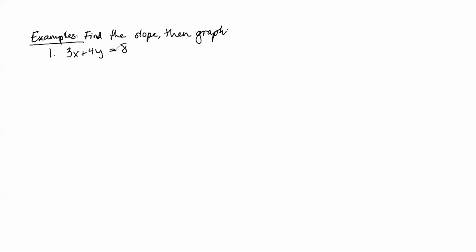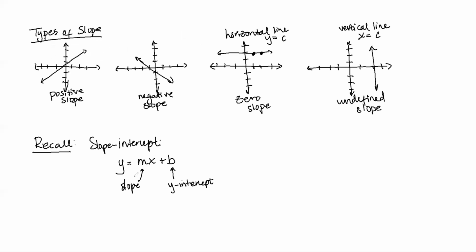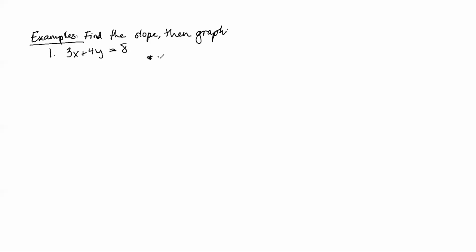So this one's a little different than the other types of questions when we were finding the slope. The big thing here is remembering slope-intercept form of a line. If we have it in this form, we can easily see the slope in front of the x variable that we have in our equation. So first thing we want to do is to put it into y equals mx plus b form.